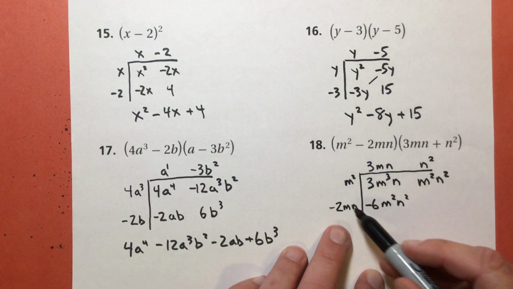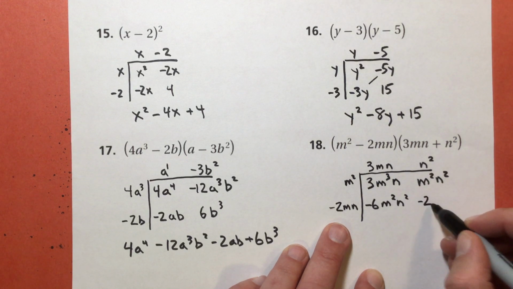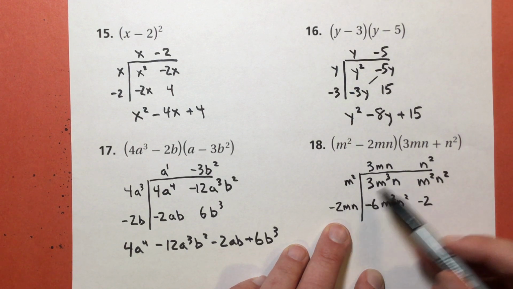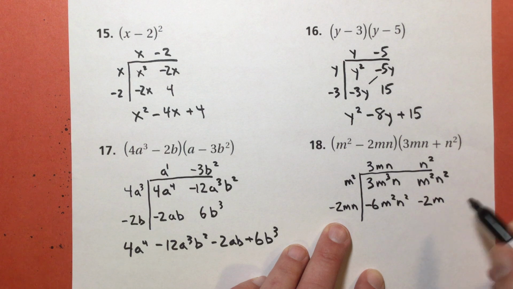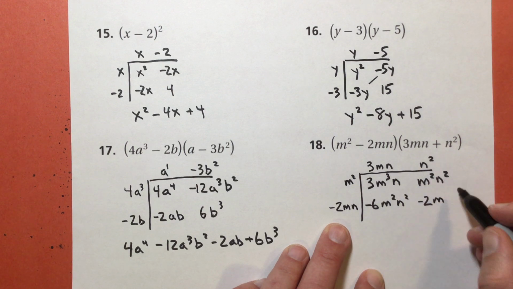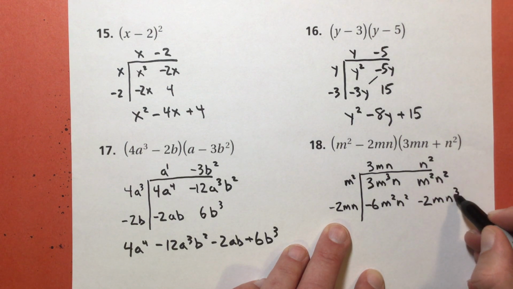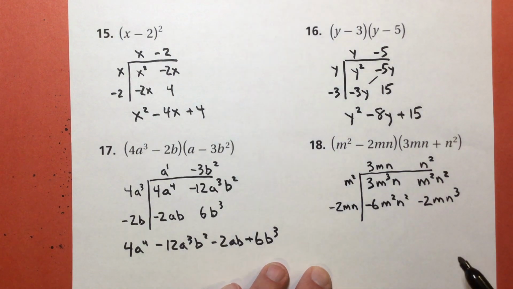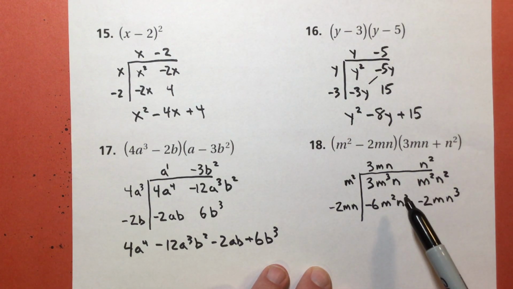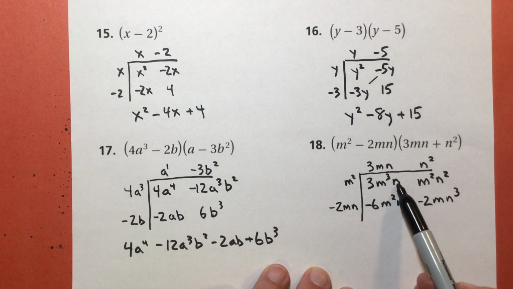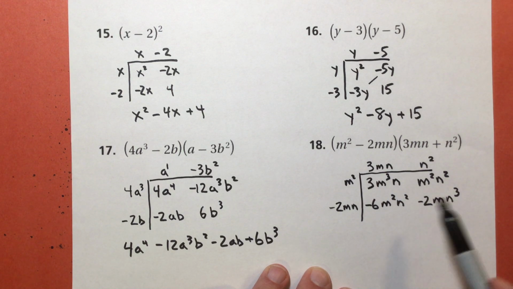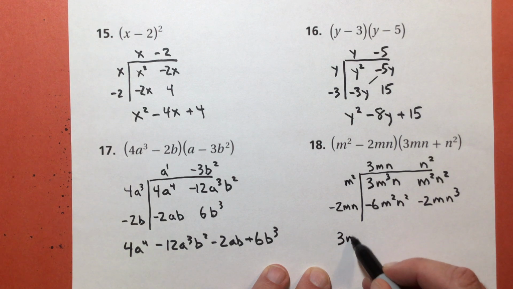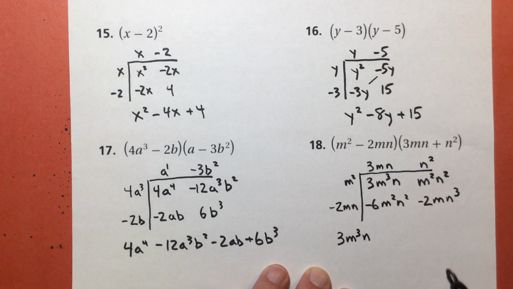And in the last box, negative 2 times 1 is negative 2. M, there's no m's here. N times n to the second power, that's n to the third power. So let's look and see if any of these are like terms, having the same bases with the same exponents. M to the third, n to the first, no, no, no. So I get 3m to the third, n.